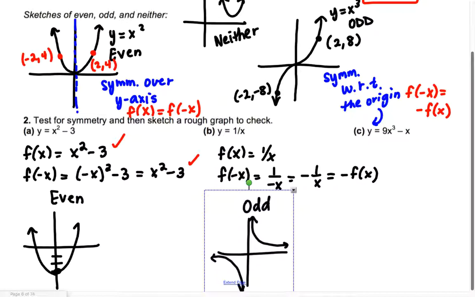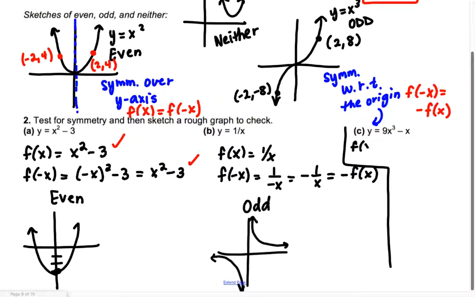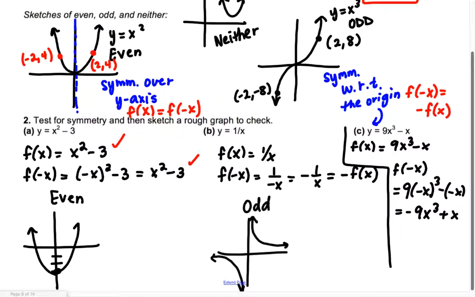All right, so next one, 9x cubed minus x. So if I plug in negative x, do I get the same thing or do I get opposite? So if I have f of negative x, I get 9 times negative x cubed minus a negative x. So I get negative 9x cubed plus x.